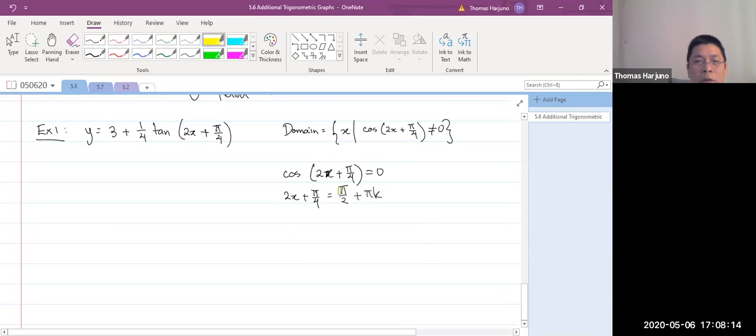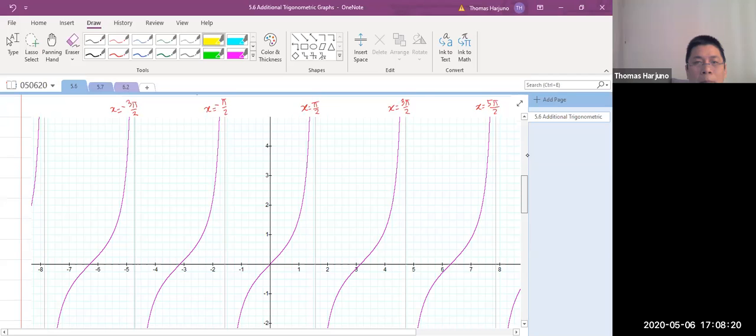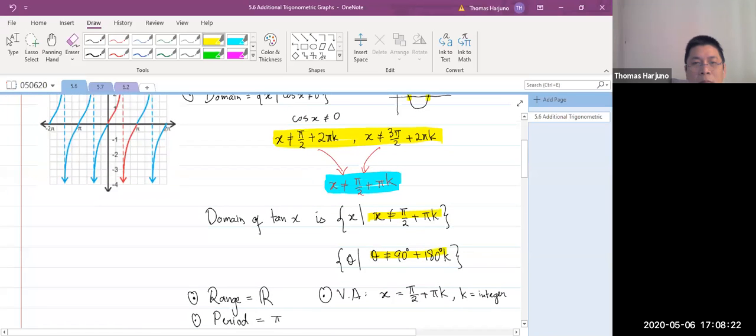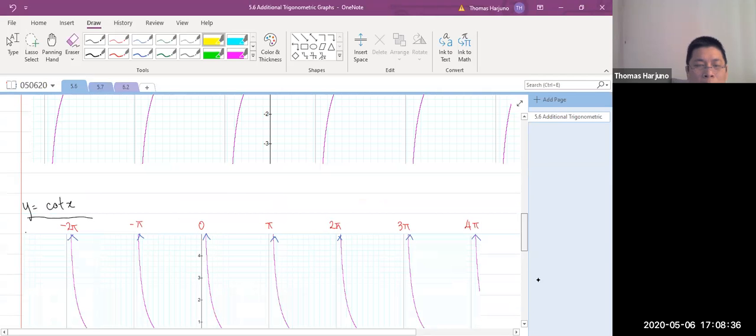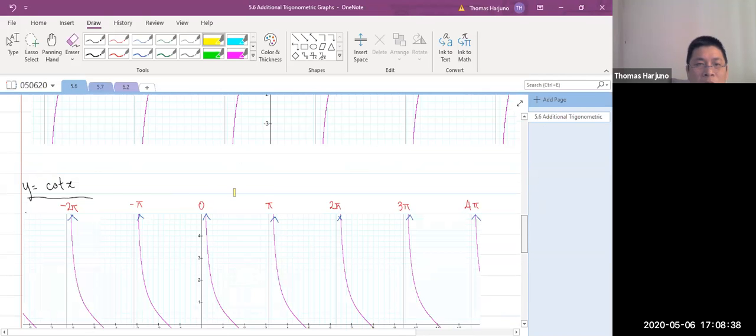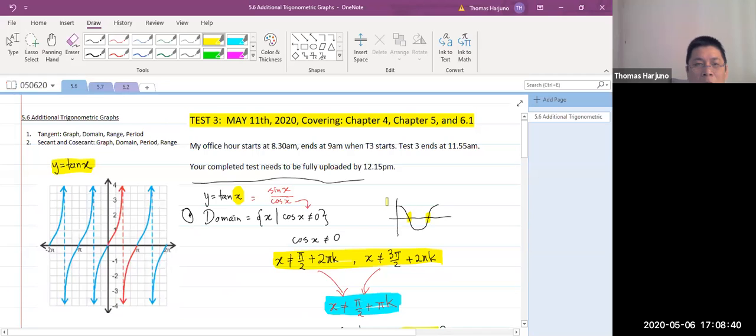Thomas, how do you get that? I actually take this expression exactly from here, because in that question you change that x into 2x plus pi over 4.